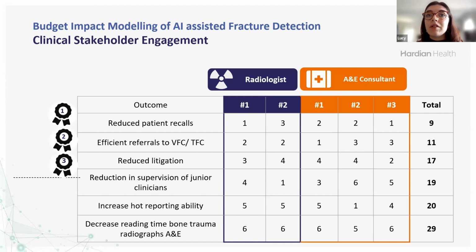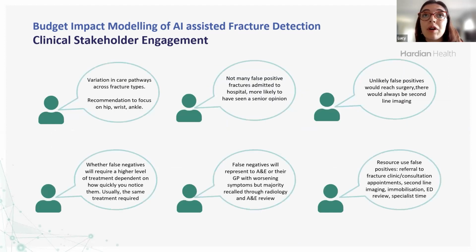And so we asked them to comment on and rank the outcomes that the client had given us, as I've shown here, but we then also asked them to comment on potential additional economic outcomes that we identified in our literature, which were heavily focused around the resource use of patients given a false negative or a false positive detection of a fracture on an X-ray.